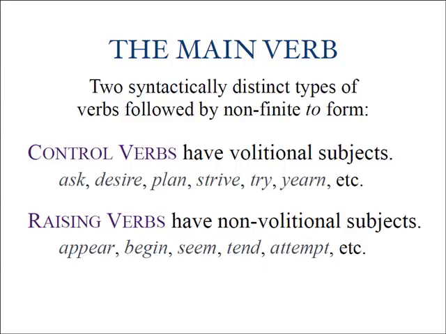But the distinction is that when you have a control verb, it requires a subject that has some kind of volition, or is sentient in some way. Raising verbs don't have that requirement. It might be a subject that is sentient, but it's not required. So control verbs impose this requirement on their subject. Raising verbs don't impose that kind of requirement.